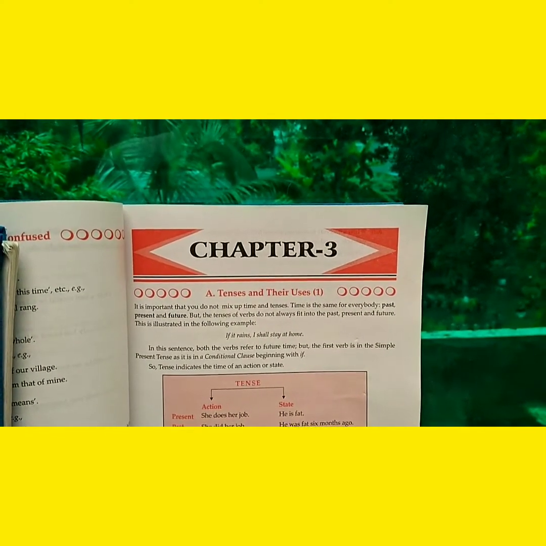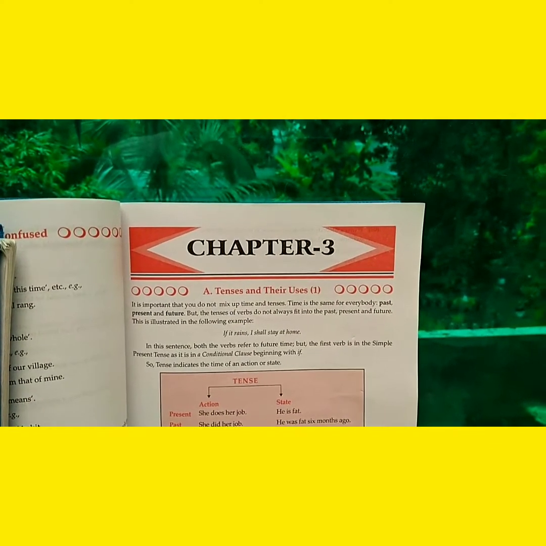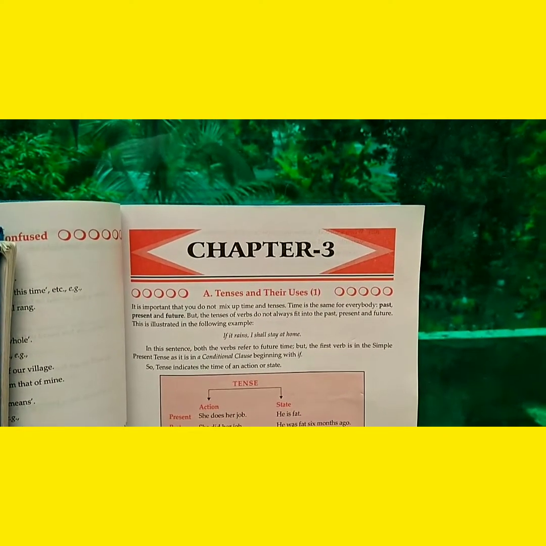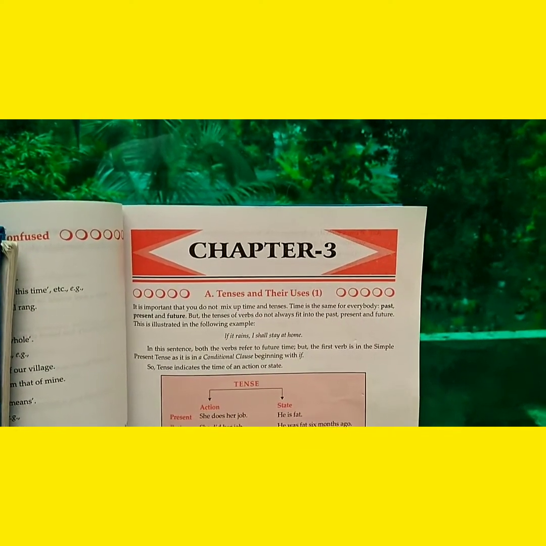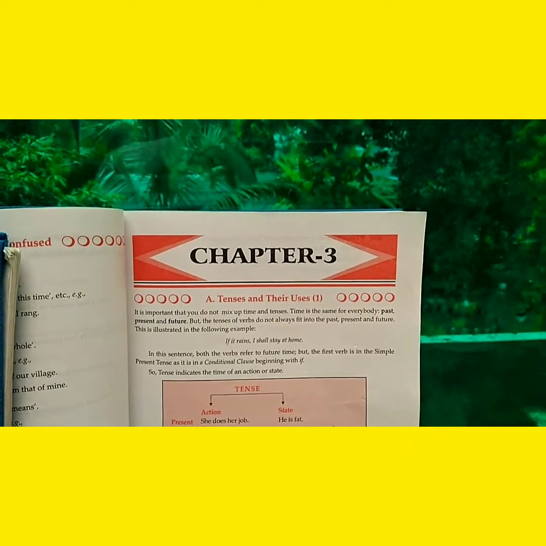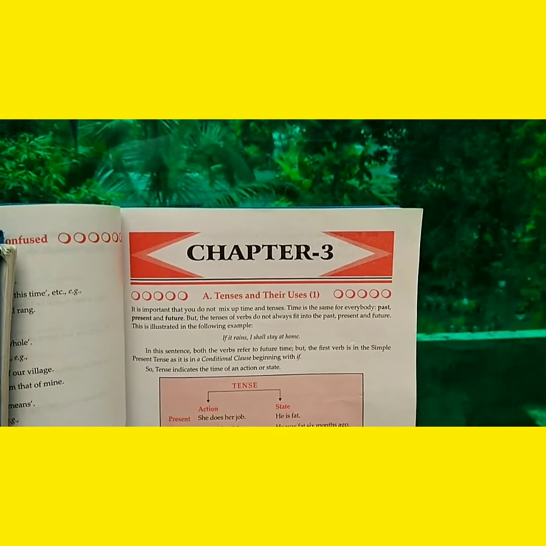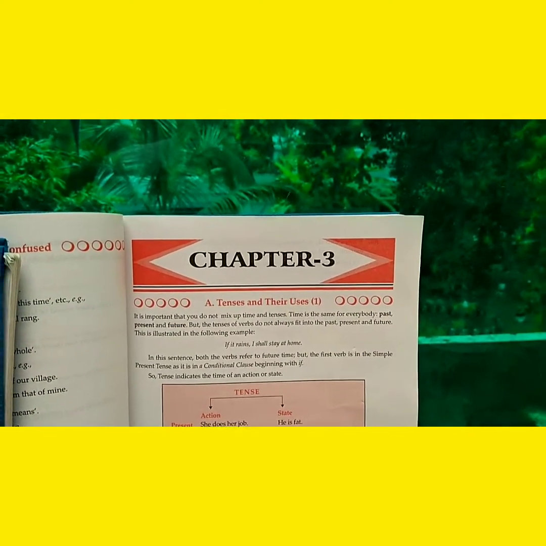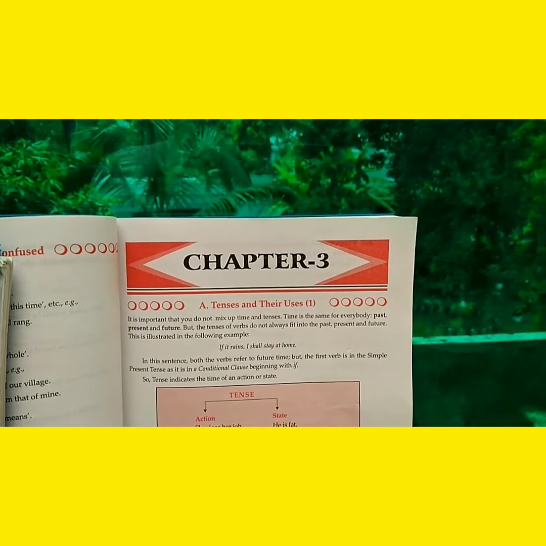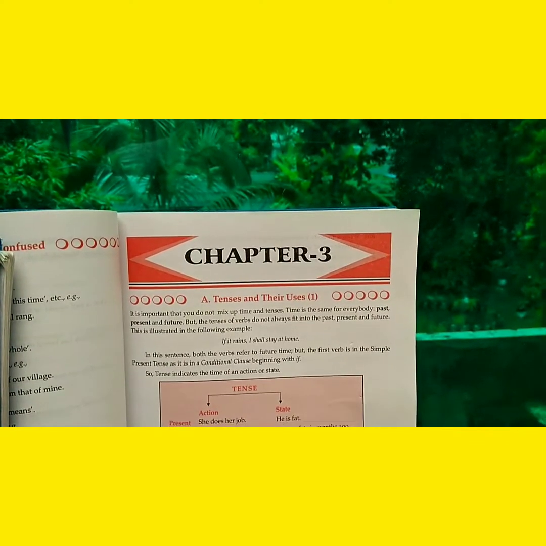It's an example for a conditional clause. Which one is that? If it rains, because of the presence of the word if, we have made this part of the sentence conditional.